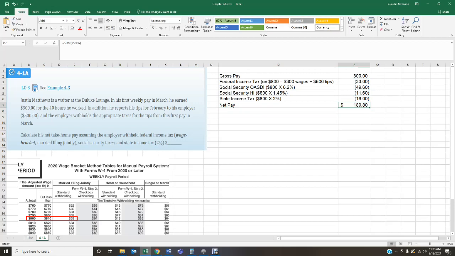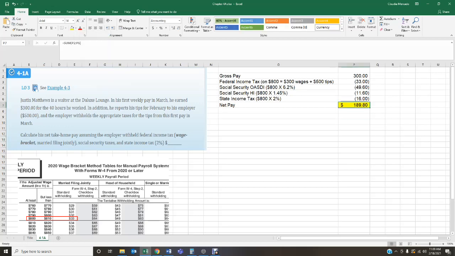So the employee earned $300 of wages, and he is going to pay Social Security taxes, federal income tax, and state income tax on the regular pay of $300 plus the tips he earned during the month of February. So by deducting all of the taxes that he needs to pay, we're going to be left with a paycheck of $189.80. That is the take-home pay.